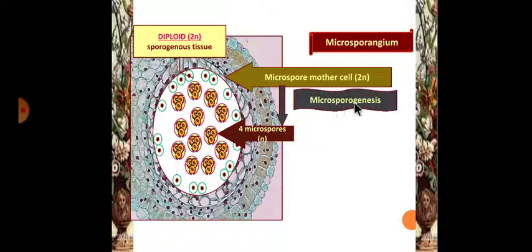Correct? So the process of formation of haploid microspores from the diploid microspore mother cell is called microsporogenesis, and the 4 microspores which are there get dissociated and develop into structures called pollen grains.